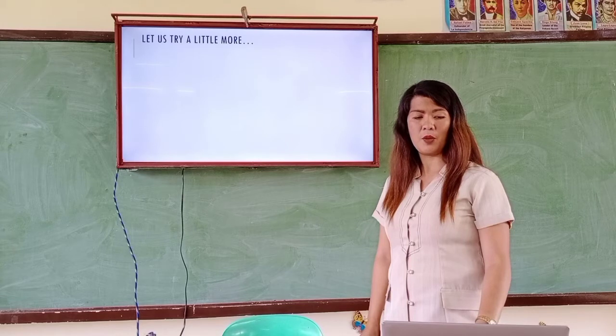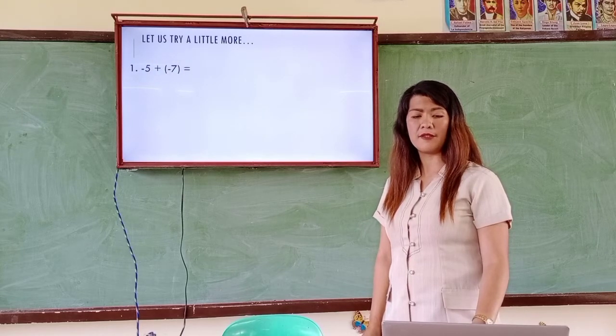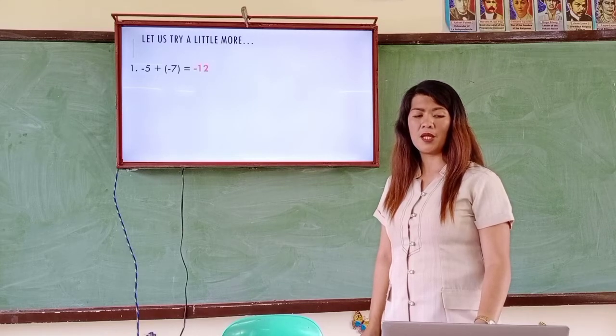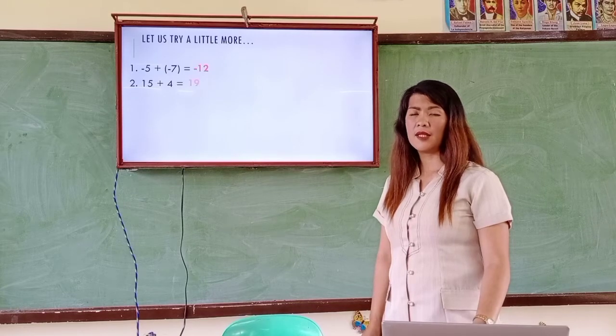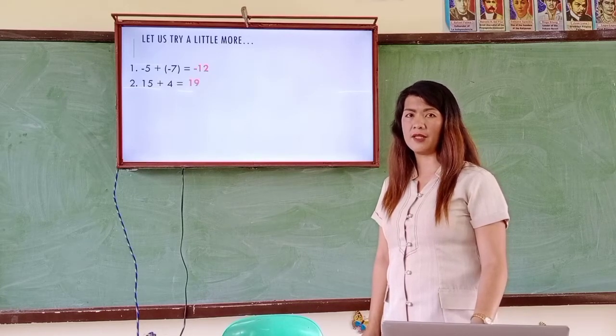Okay, let us try a little more. We have negative 5 plus negative 7, same sign, so add and keep the sign. Number 2, we have positive 15 plus 4, same sign, so add and keep the sign, so positive 19.